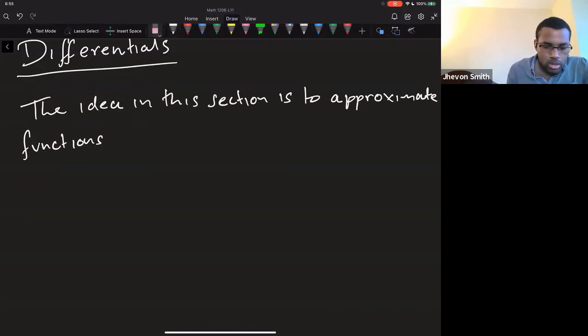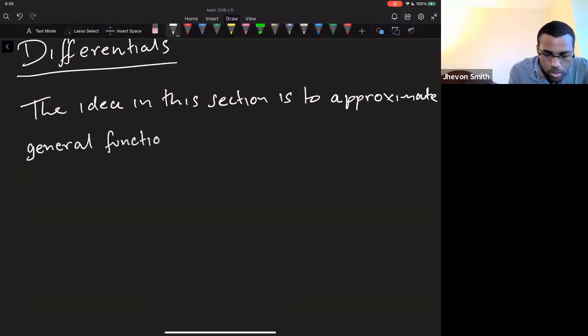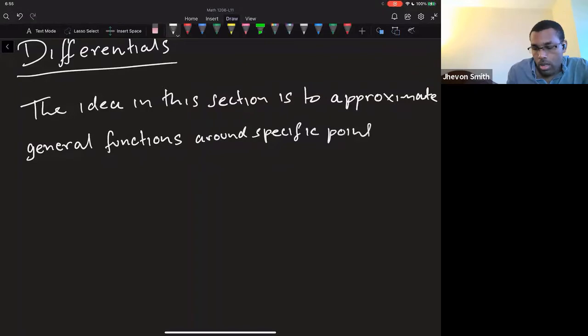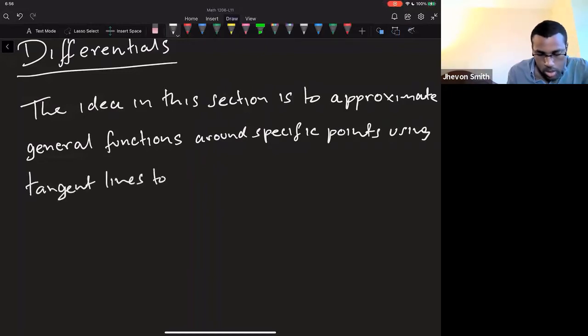Approximate, let's say, general functions at specific points, around specific points, using tangent lines to the function.